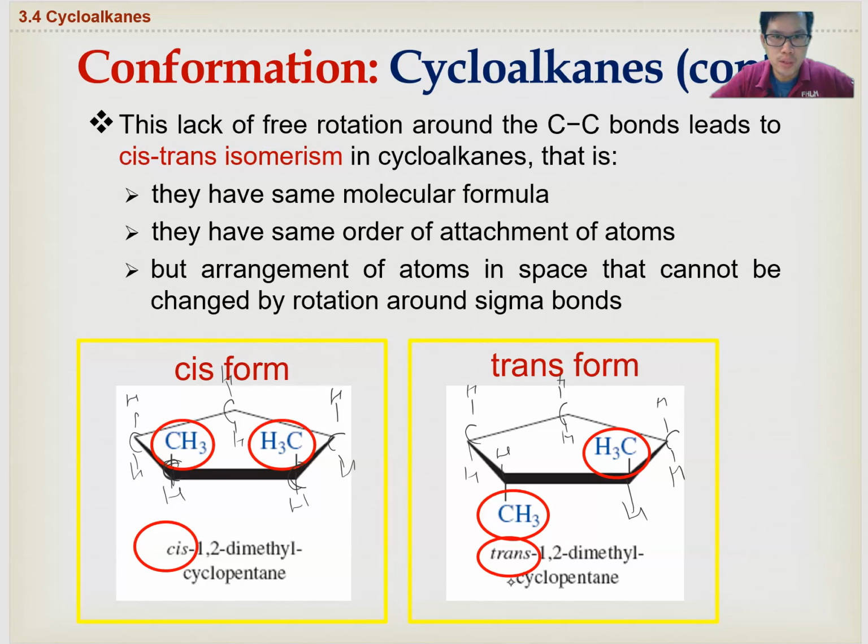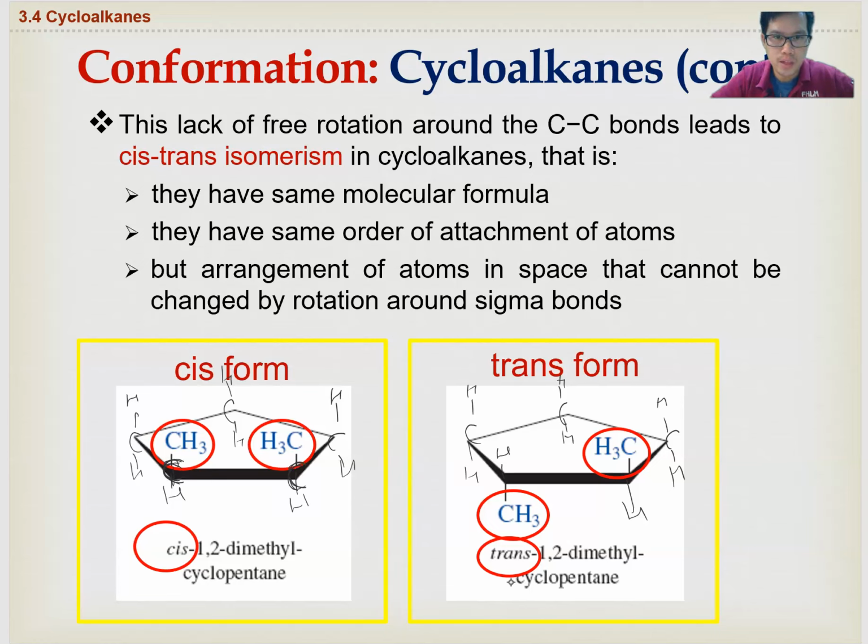Before we know whether it's cis or trans, we need to know the priority. We always choose the higher priority. Over here you see hydrogen and CH3.